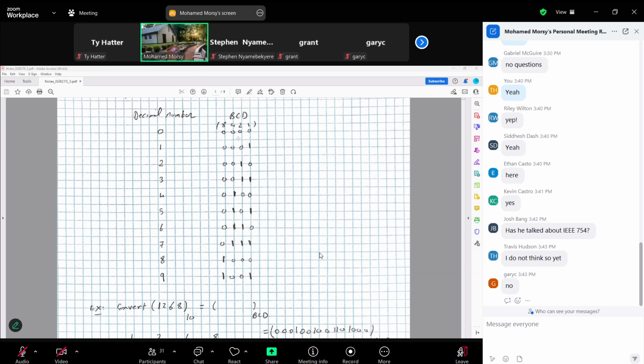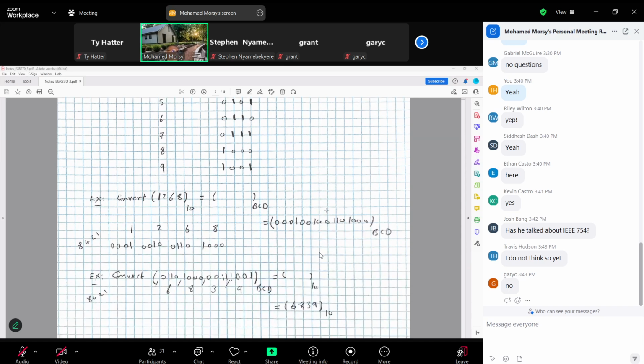Then double again, so we have 4 zeros, then 8 zeros, and then ones, and we stop at 9, of course. So that gives the whole BCD code for the decimal numbers from 0 to 9.